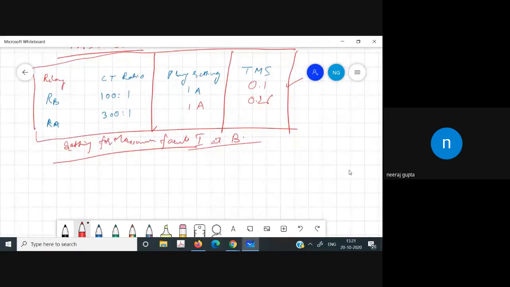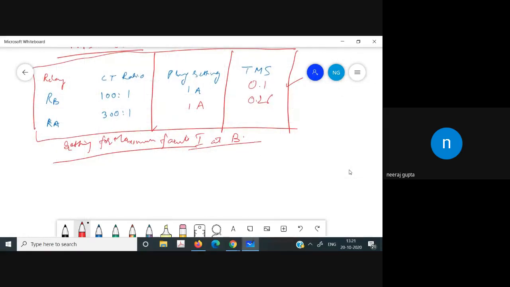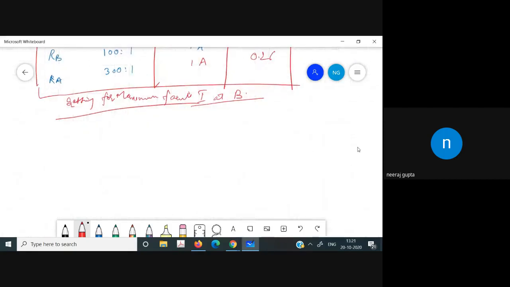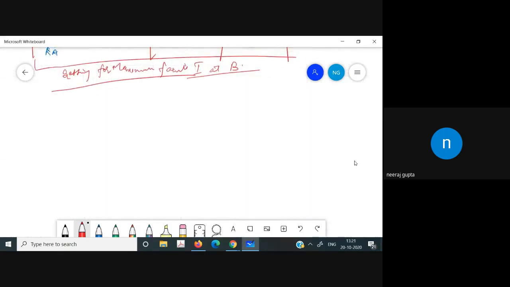We have to use the TMS and plug setting, this only, and the same CT ratio.